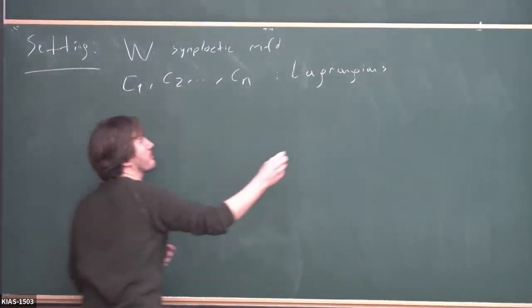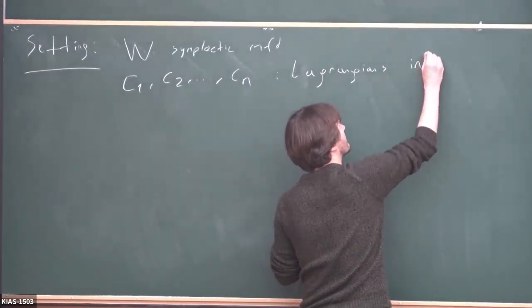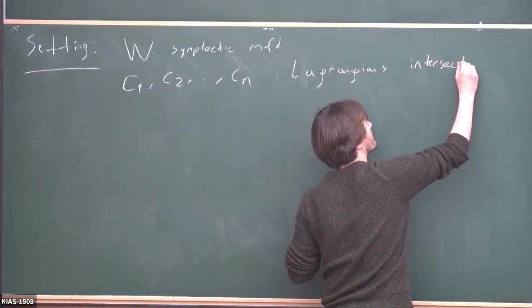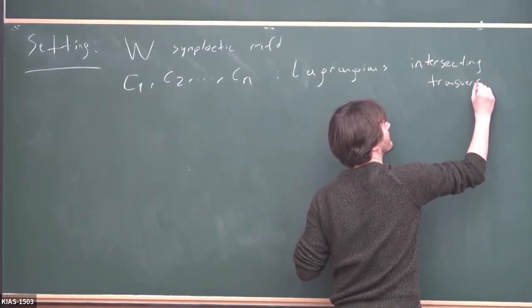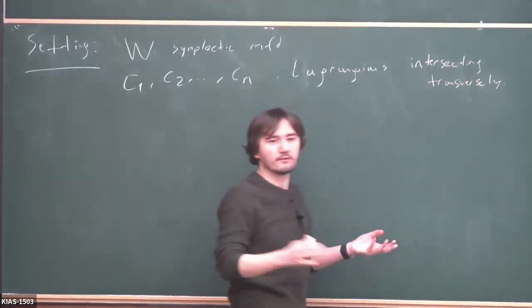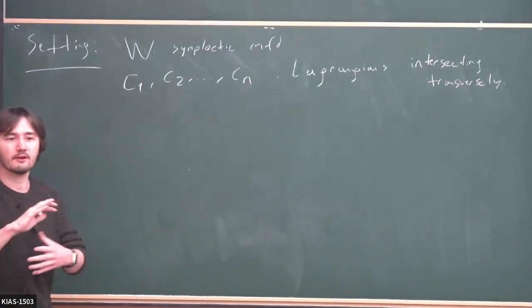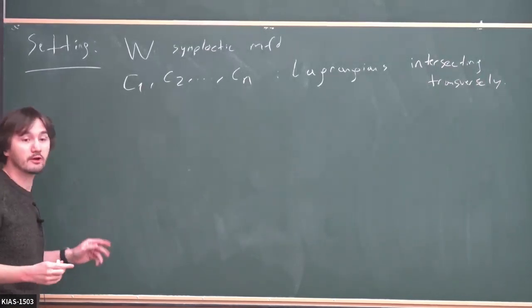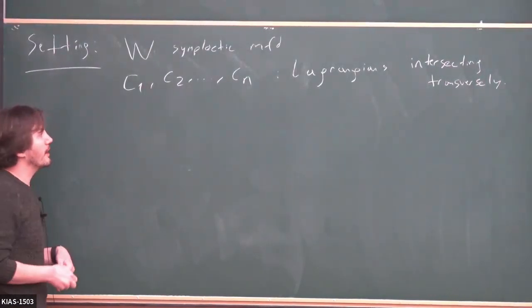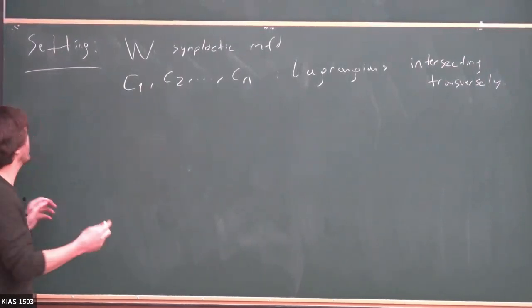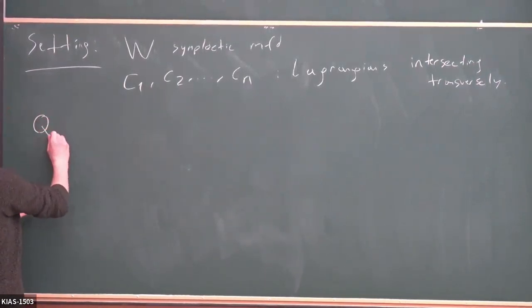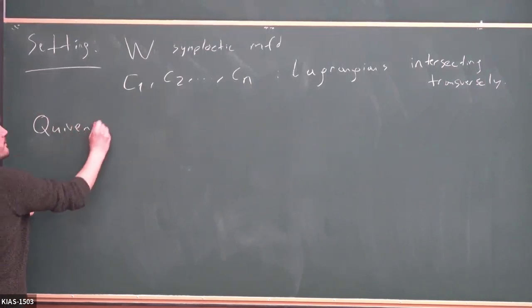And I want them to, let's say, intersect transversely. So these Lagrangians intersect transversely with each other. And then from that information, you can create a quiver, right? Okay. Let's say we get a quiver from that.